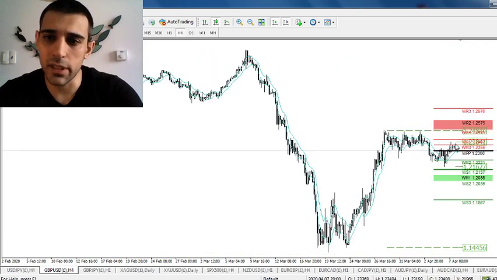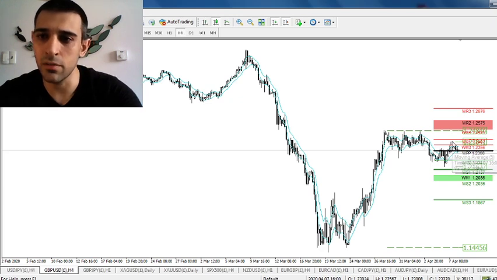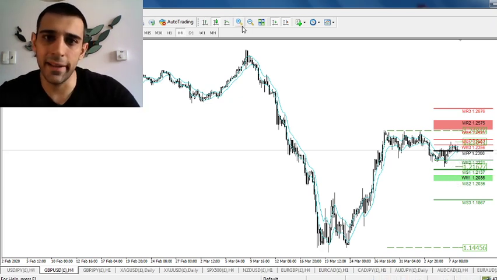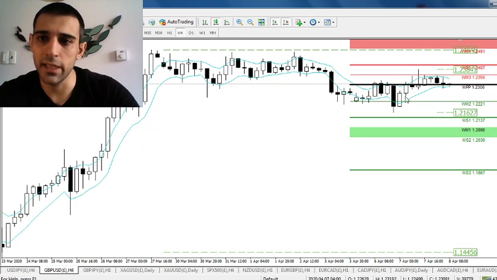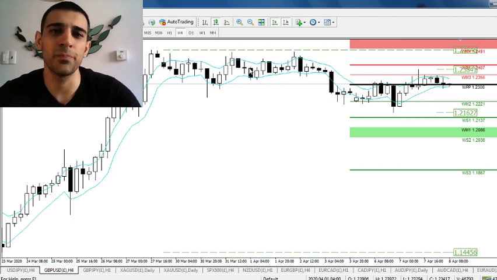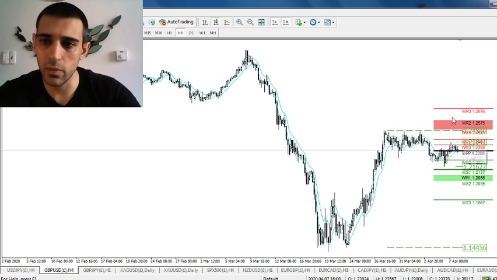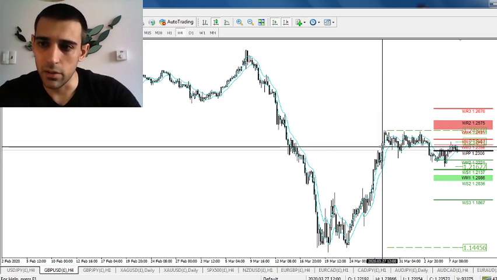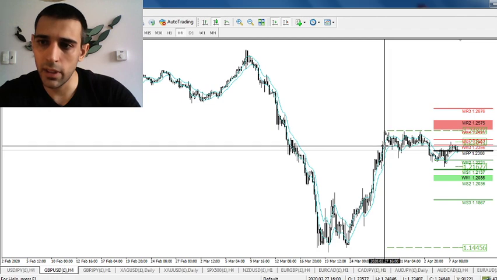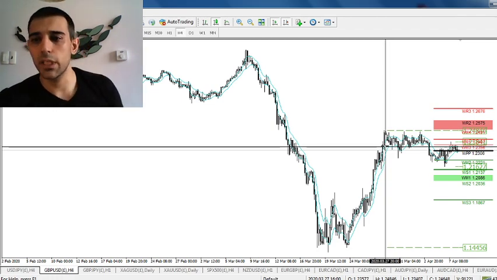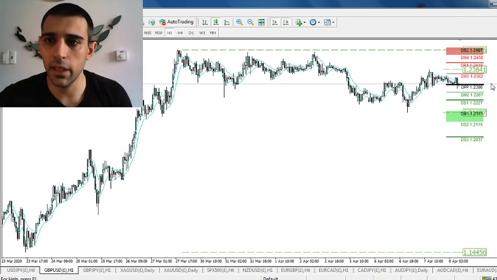I want to see a bit more strength on the 4-hourly chart. The candles themselves do not look very good. This is a 4-hourly candle, and it looks all over the place. So it's not good. I want to see this one coming up to 123.40, breaking and showing some decent strength.